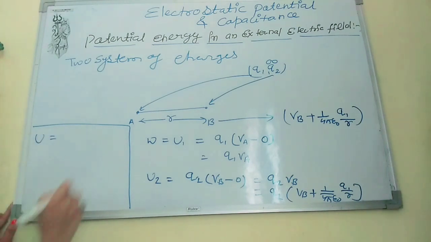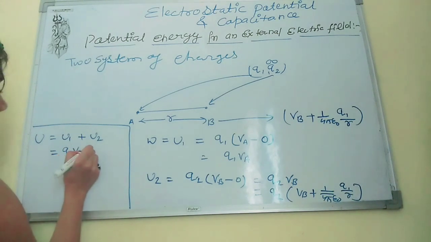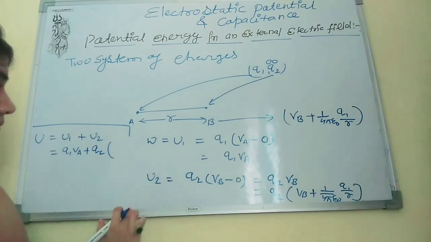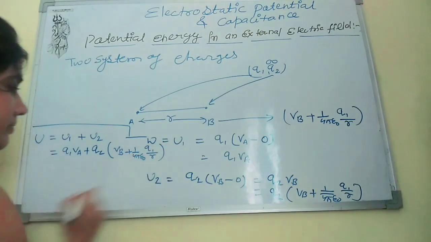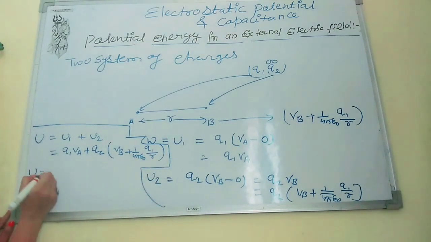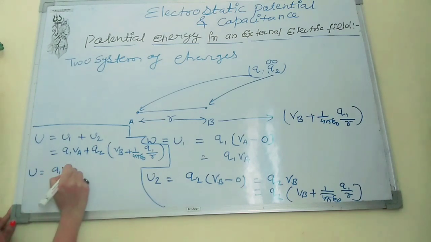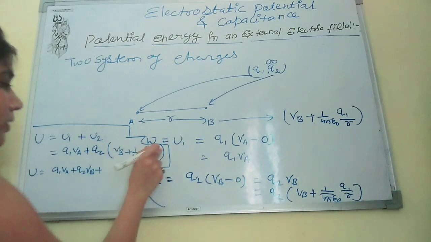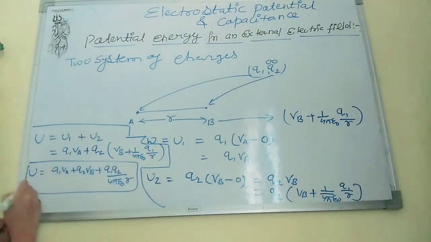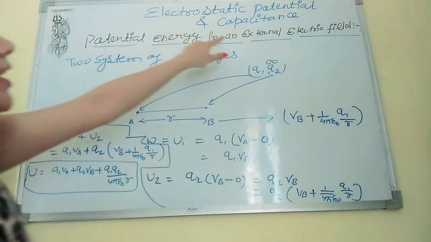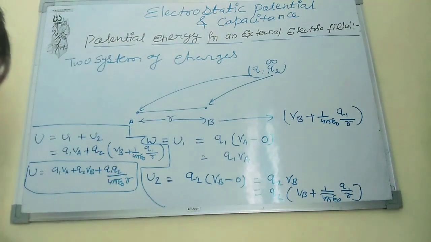So here we put in the values: Q1 VA plus Q2 VB plus 1 by 4 pi epsilon naught Q1 by R. Now we solve this: Q1 VA plus Q2 VB plus Q1 Q2 upon 4 pi epsilon naught R. So this will be the combined potential energy in an external electric field because of a system of two charges. Just note it down or take a screenshot.